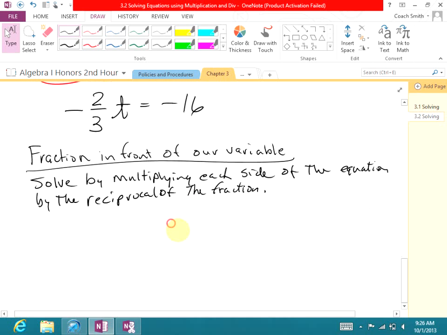So, then in my original problem, I had negative 2 over 3 times t equal negative 16. So I have to multiply this side by negative 3 over 2 because that is the reciprocal of negative 2 over 3. And I do the same thing to the other side. Okay? On the left side, these all cancel each other out, leaving me with t.